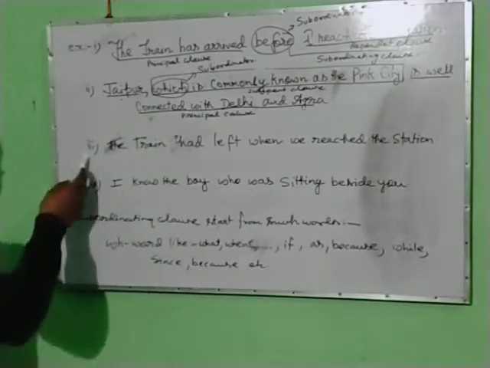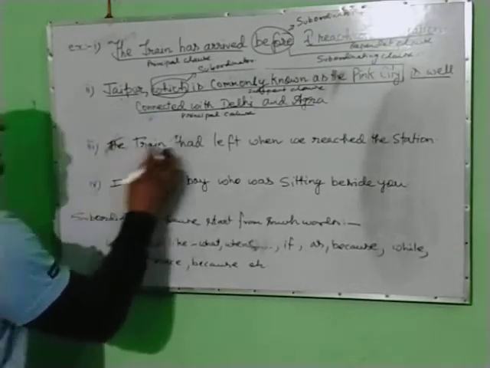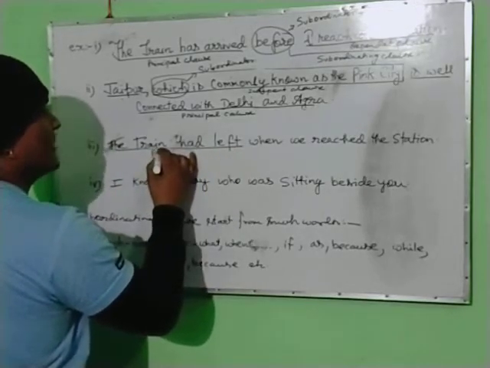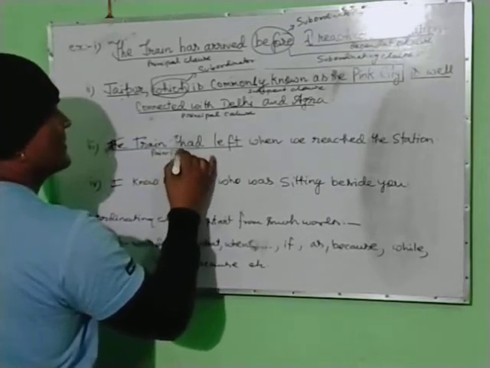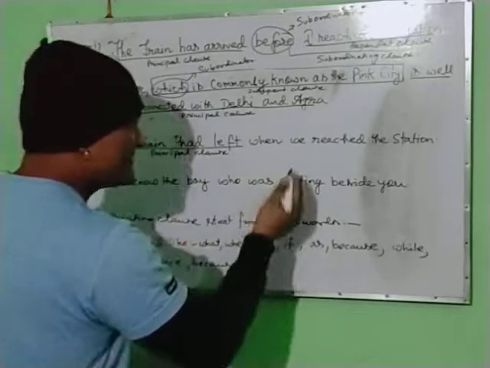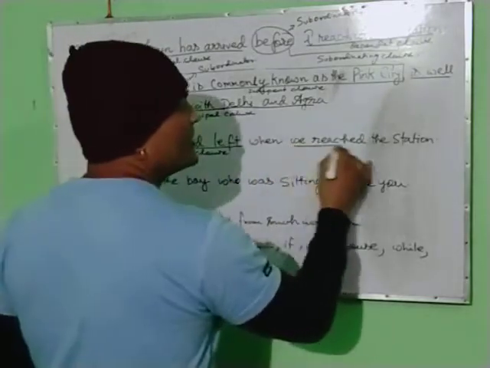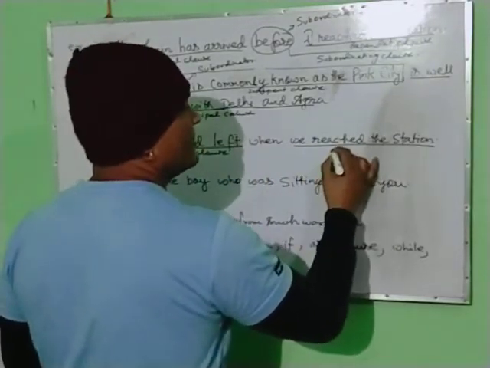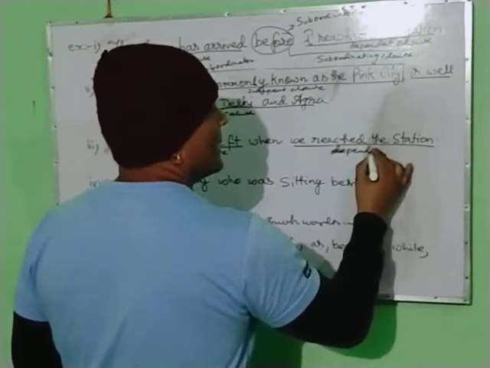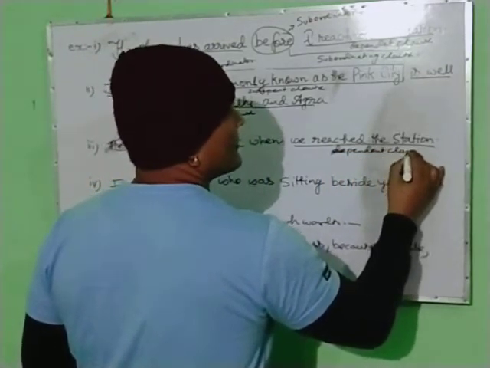Have a look at the third example. The train had left. This is the principal clause, which is called the main clause, like I said. And another one: we reached the station. It's a dependent clause.